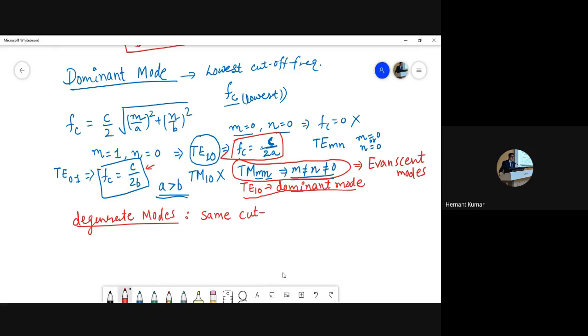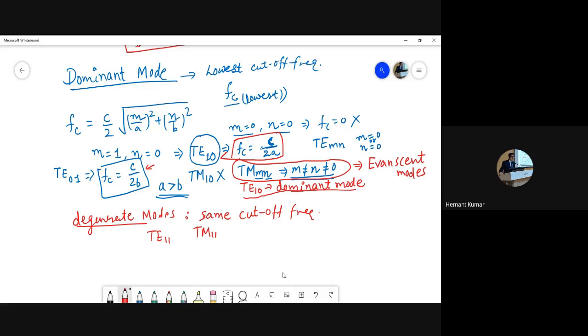So all the modes which have the same cutoff frequency, TMmn or TEmn with the same m and n, are degenerate. I will give some examples: the same cutoff frequency like TE11 and TM11.